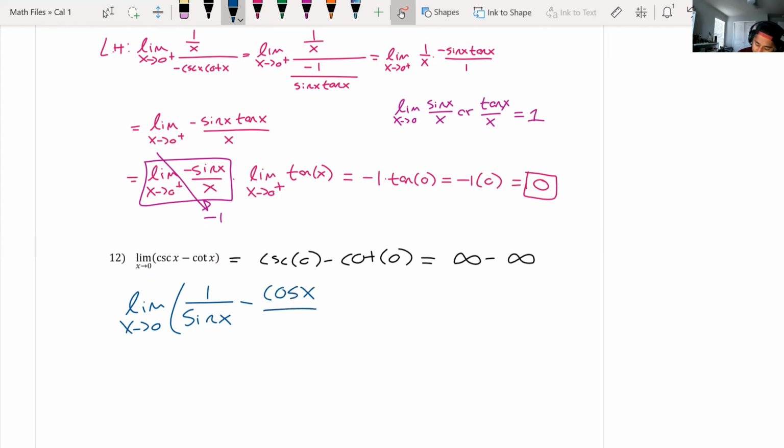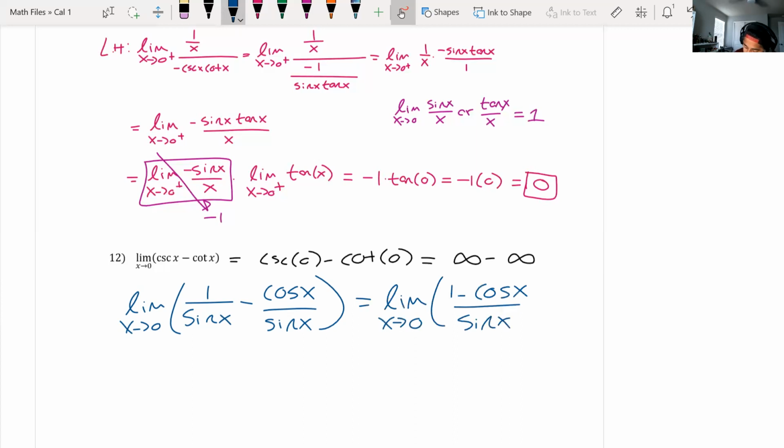There you go. I mean, you're right, but you want to choose a better identity because now you notice that these have the same what? Denominator. So you get 1 minus cosine x over the sine of x. And even if you plugged in 0 now, you'd get 0 over 0, which is indeterminate.